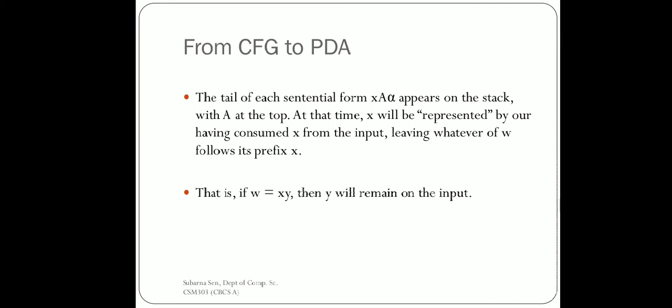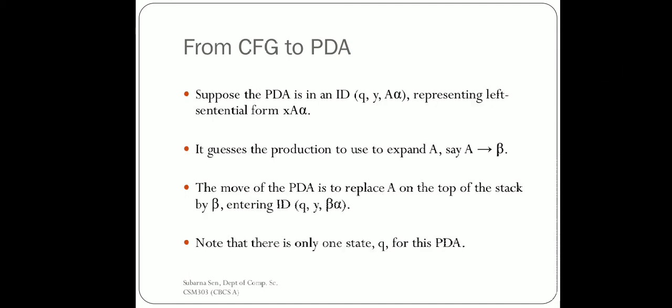So this x part is being consumed. If we process this part using a stack, then x is totally consumed, and A is now the variable we need to work on. So here A will be at the top of the stack. Fine. Now we use the ID notation.